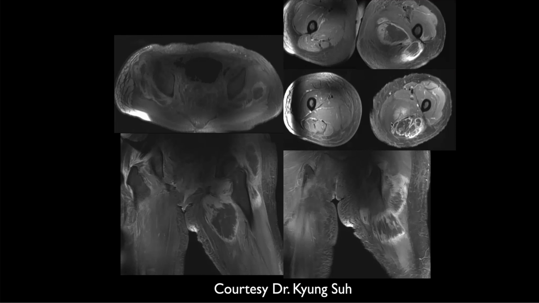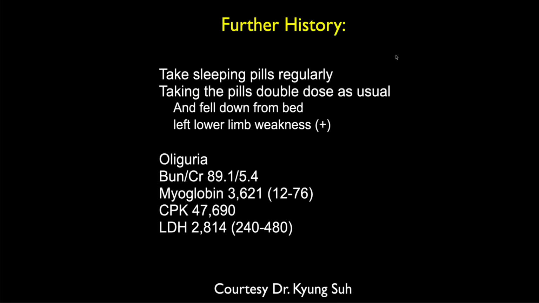But the thing in this day and age that should come first to your mind is drug reactions. And so the history is they take sleeping pills regularly, took a double dose and fell out of bed. And here we can see that there is abnormal renal function.